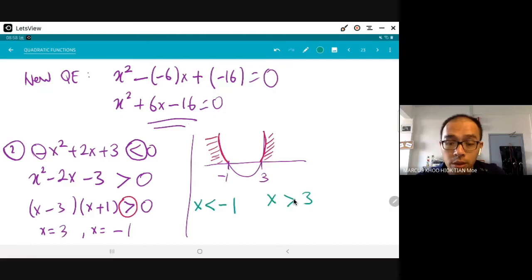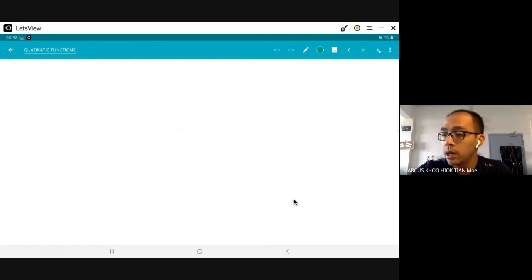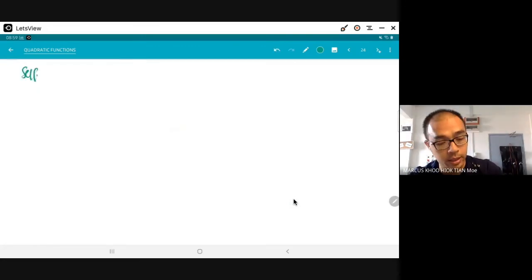So a lot of things to remember today, but I think this is very important. We need to practice this a lot. For your homework, do self-practice 2.2 on page 41, questions 1, 3, and 4.